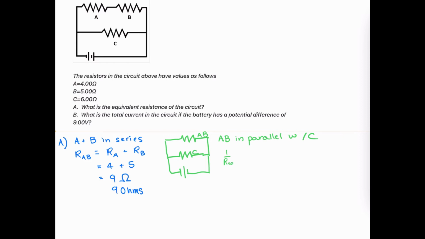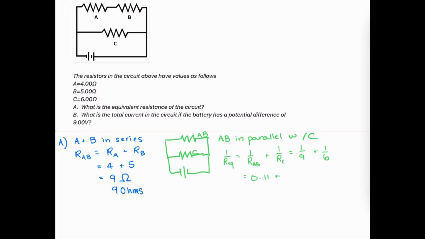1 over REQ equals 1 over RAB plus 1 over RC. Okay, so I'll have 1 over 9 plus 1 over 6. And what I like to do for this is go ahead and make these into decimals.